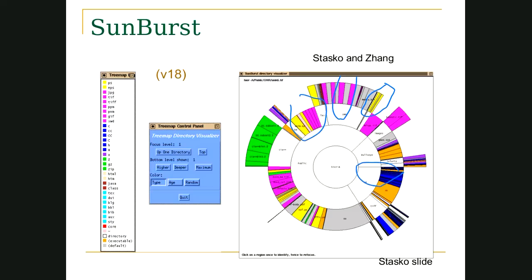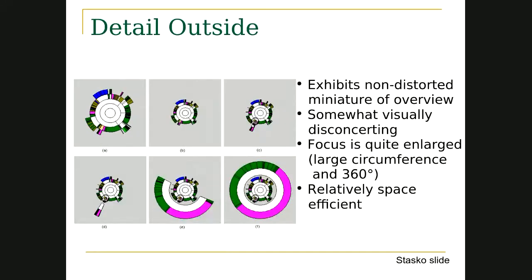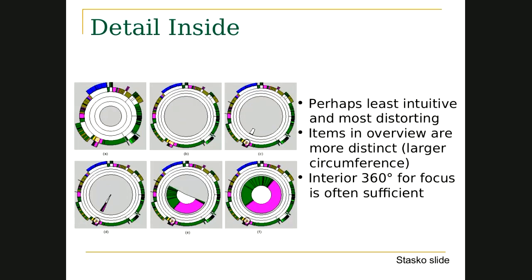Okay, so Sunburst, from Georgia Tech. It's not the original radial space filling, but they look at the problem: how can we deal with the problem of really thin leaf nodes or even inside nodes? And they have three techniques. One of them is the angular, and the video will explain them: detail on the outside, detail on the inside.